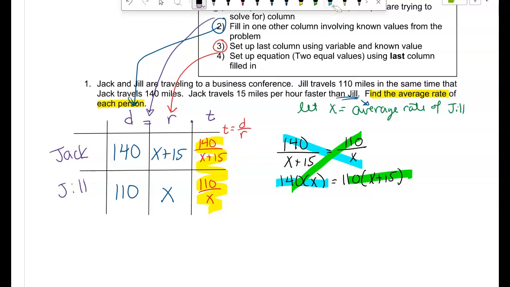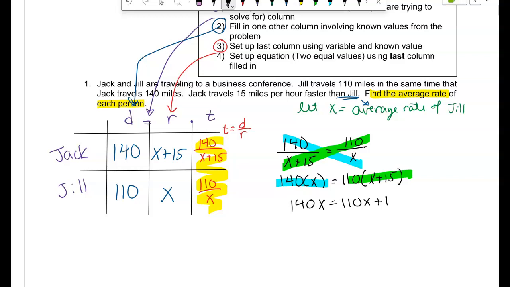Does that make sense? So I cross multiplied exactly what I needed to. All right, now guys, can we solve this equation? Yeah, so this is 140x equals 110x plus what?